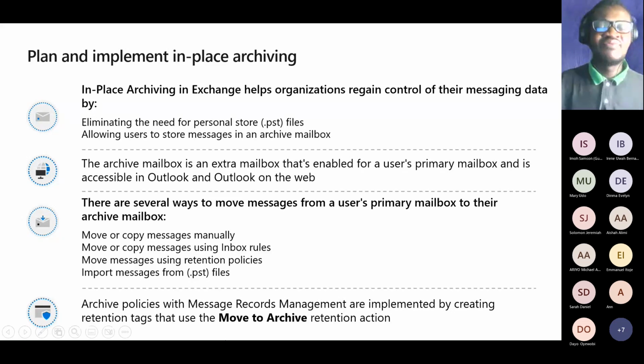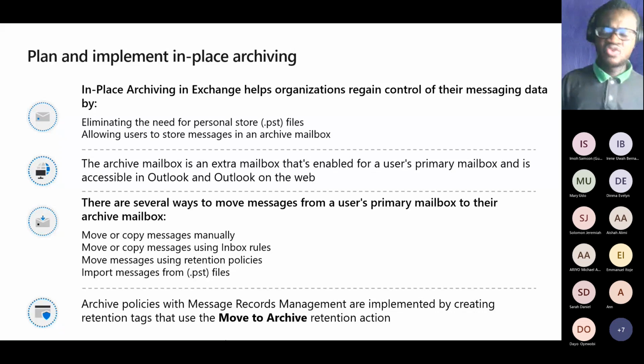So archive mailbox and extra mailbox allow users to store messages. So for example, Plan one gives you 50 gigabyte storage for your mailbox, right? However, I'm the CEO of, let's say, Microsoft, and I receive emails on a daily basis, thousands of emails, hundreds of emails on a daily basis.